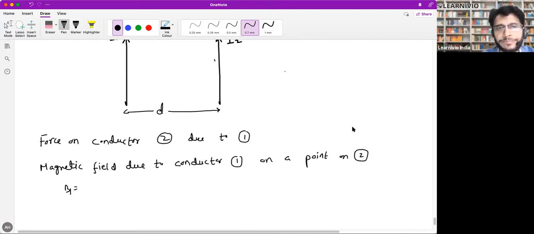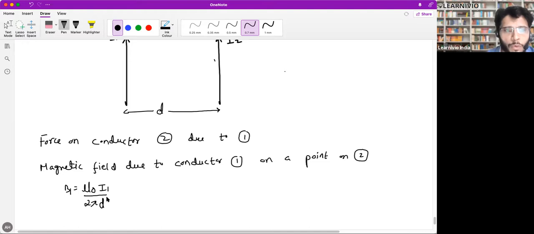Okay, Ahmed, I'm waiting. Oh, very good. Due to a long conductor, magnetic field is mu naught I1 over 2 pi a, where a is the separation.